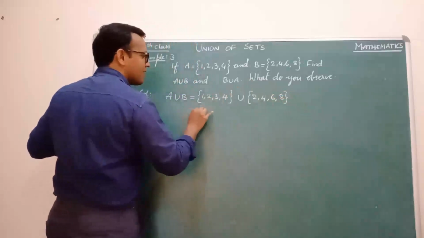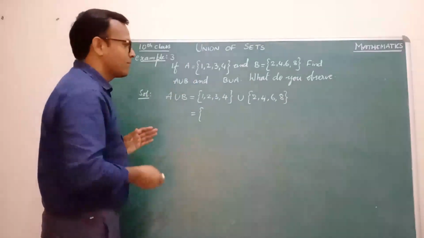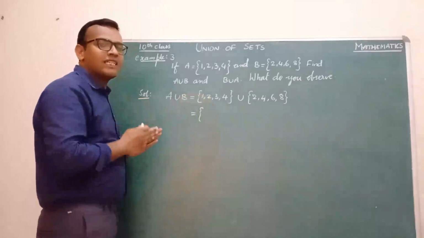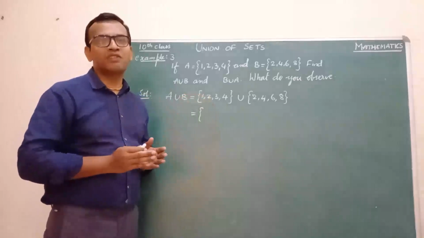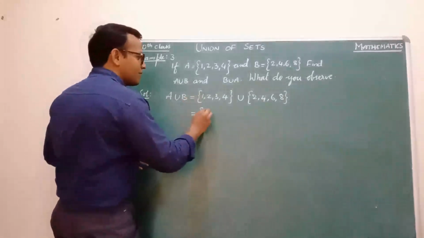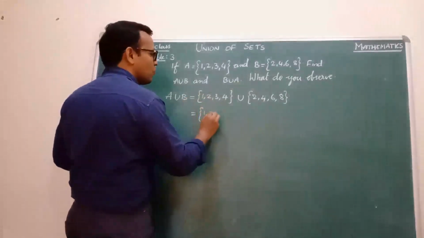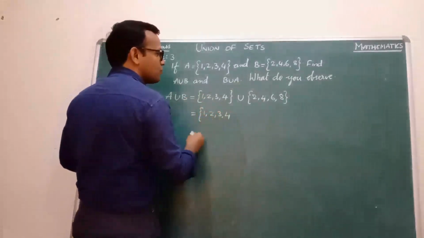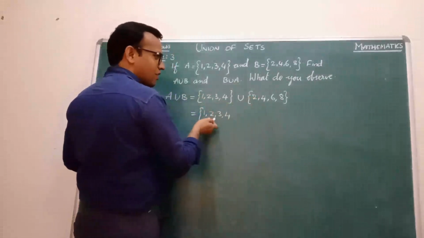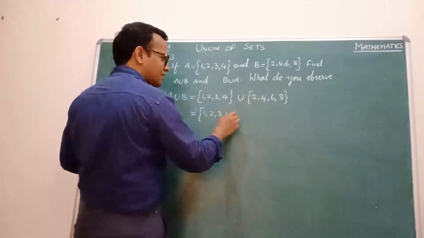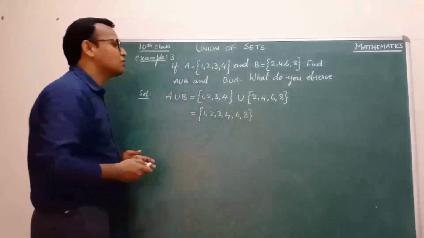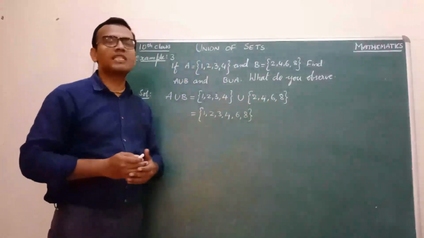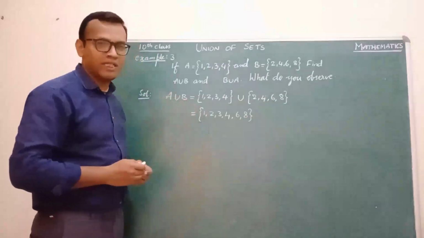Now let us write the union of A and B. Union of sets is nothing but the set consisting of all the elements of A and B. Now let me write all the elements of A and B: 1, 2, 3, 4. 2 is already present. 4 is already present. Then what elements are left? 6, 8. So the set of 1, 2, 3, 4, 6, 8 is A union B.